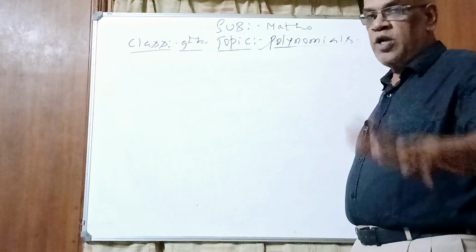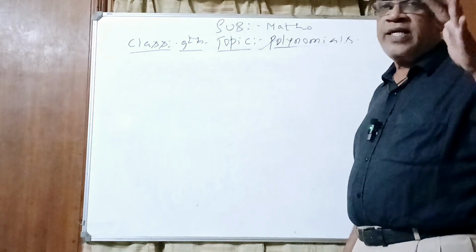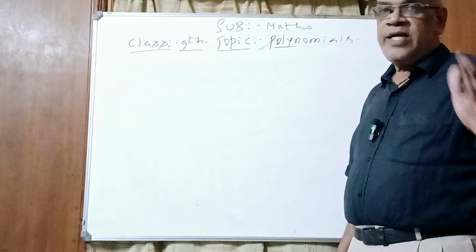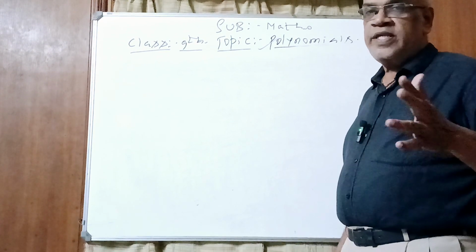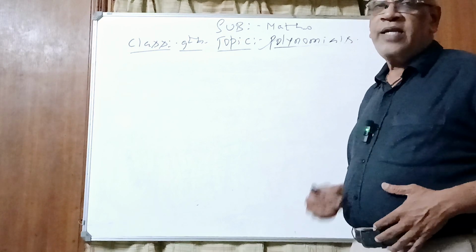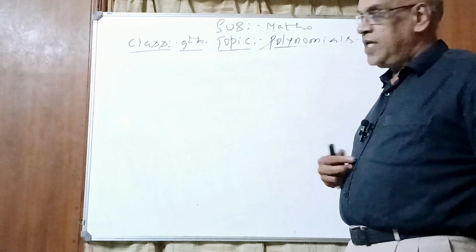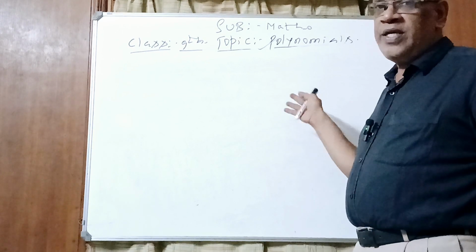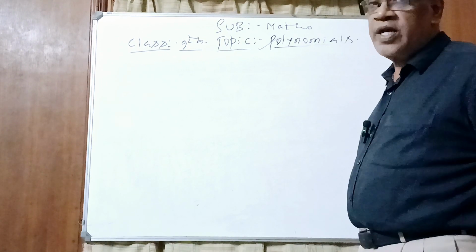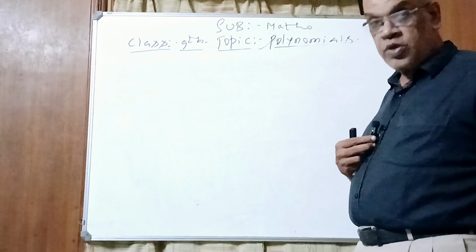P of x is a polynomial of degree greater than or equal to 1. Let a be any real number. If p of x is divided by x minus a, then the remainder is p of a. Same thing we will study in the coming exercises. Again and again we will call. Understood, children? We will go to the next one.